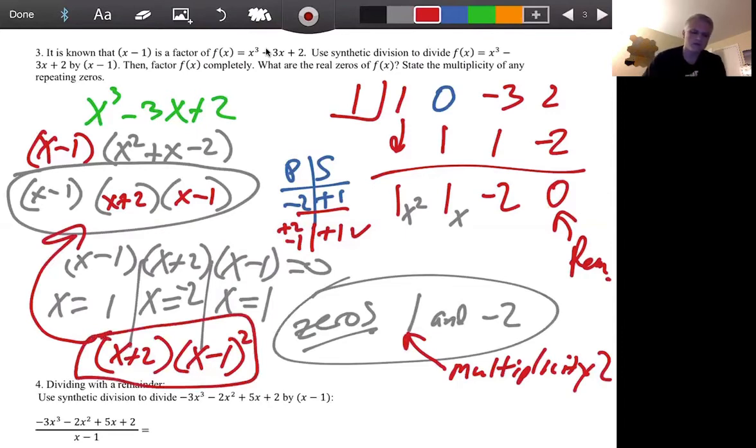So -2 is one zero, positive 1 with a multiplicity of 2 is the other zero. If you graph this, you would see at -2 the function crosses the x-axis, and at positive 1, because it's a multiplicity of 2, it bounces off the x-axis.